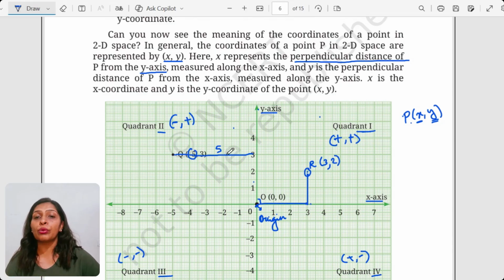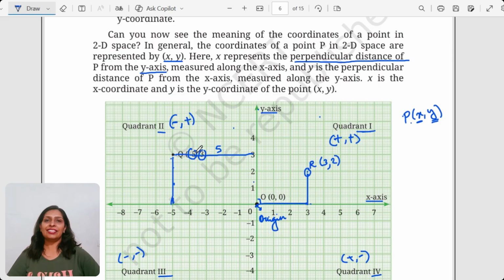Similarly, if I ask you, how far is this point Q from the x-axis? If I measure from the x-axis here, how many units is this? 1, 2, 3 units. But if you observe, the coordinate was minus 5 comma 3. So 3 was actually the y coordinate. Did you understand now what this line means?